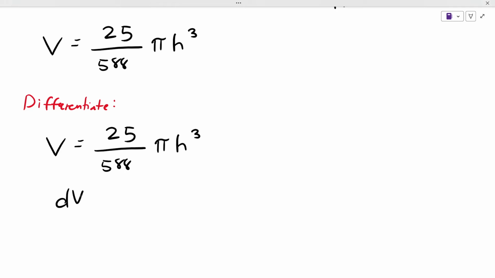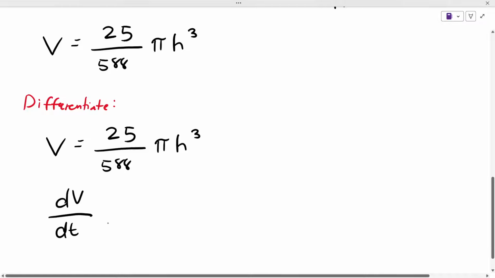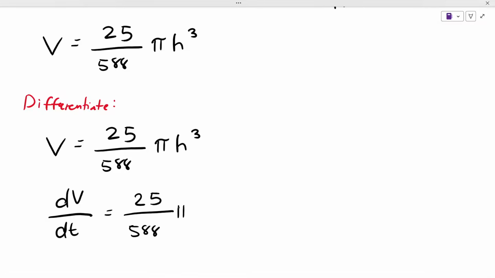We have dV over dt equals a constant, 25 over 588 pi, and then the derivative of h cubed, that is 3h squared. Don't forget this one. We have dh over dt.